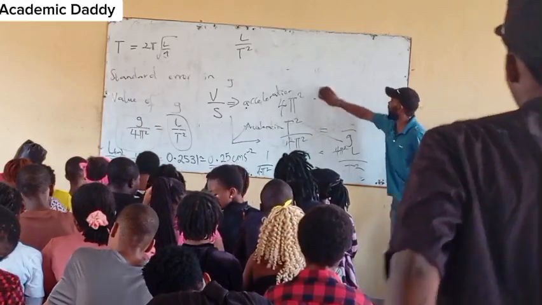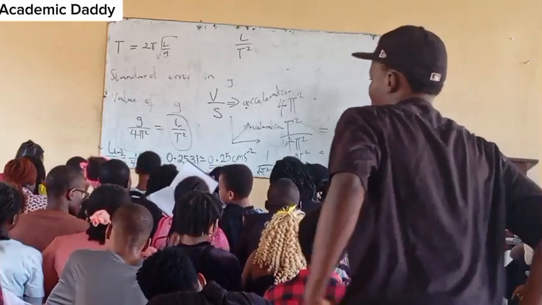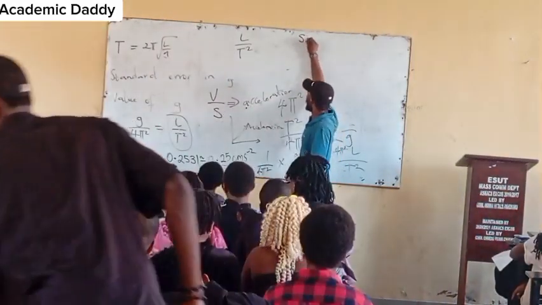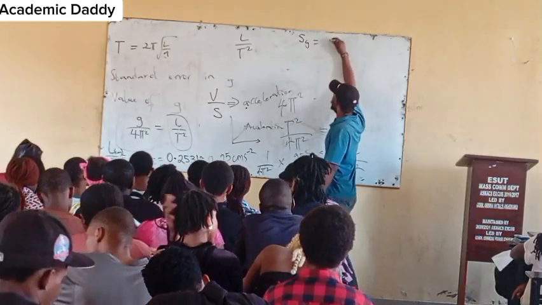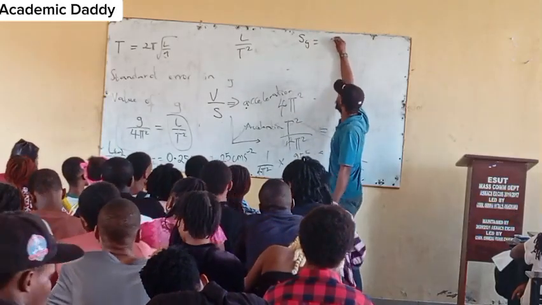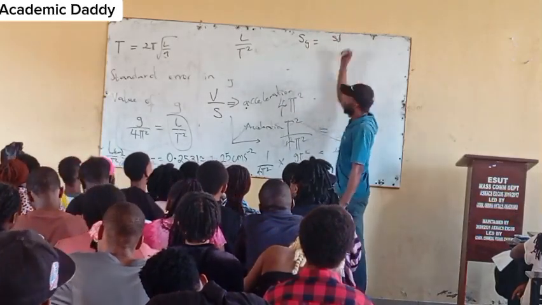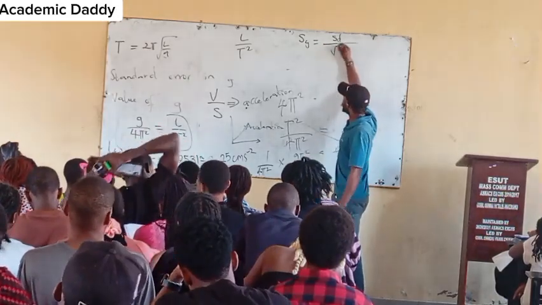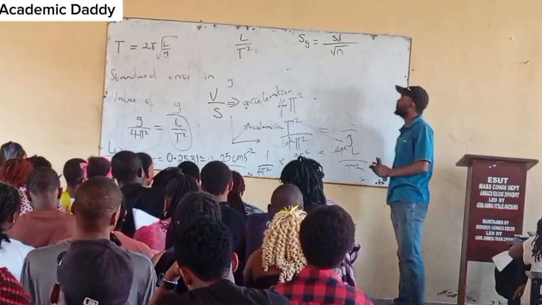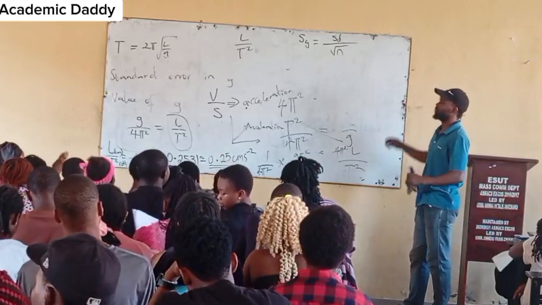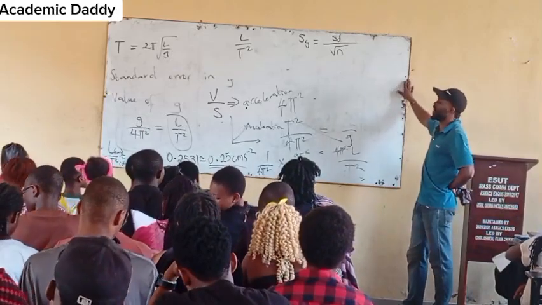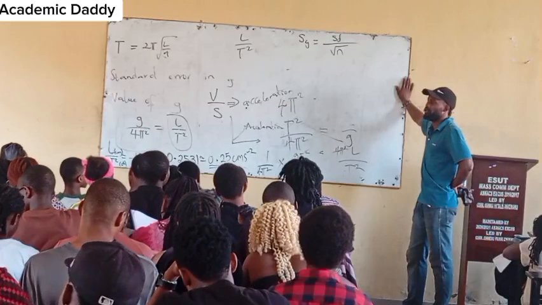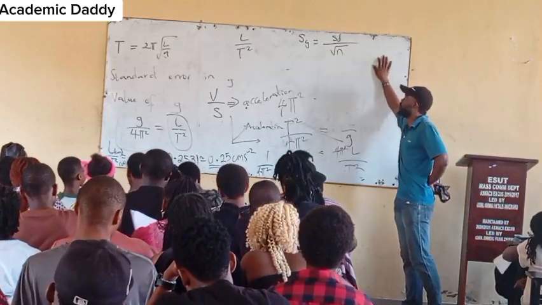If it asked us to find standard error, I will just use S equals standard mean deviation all over root n, where n is my number of observations. This is the formula to use.